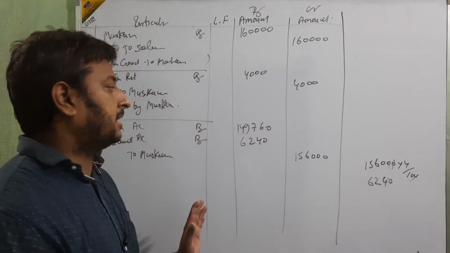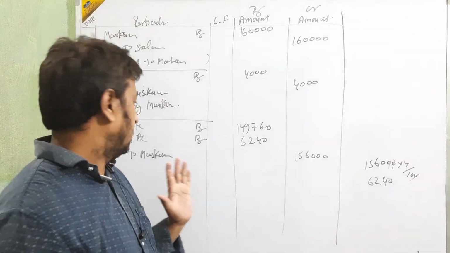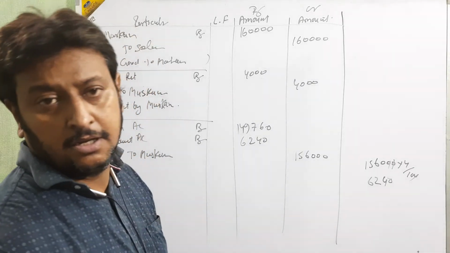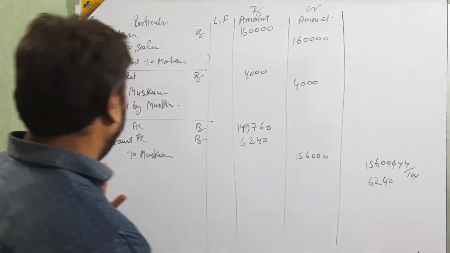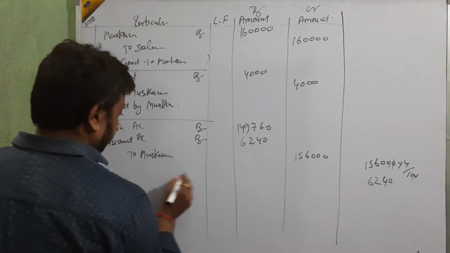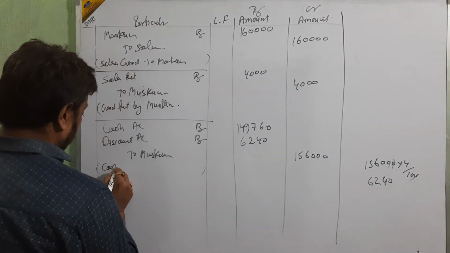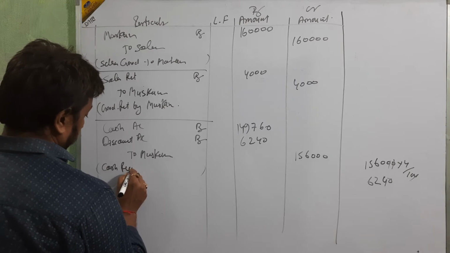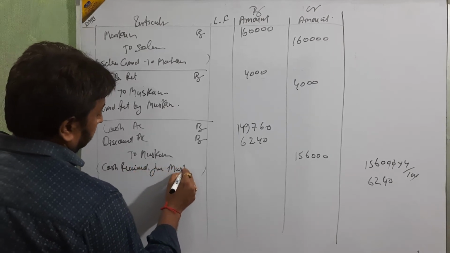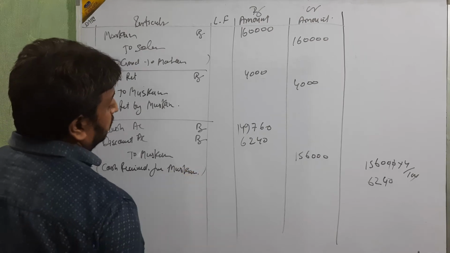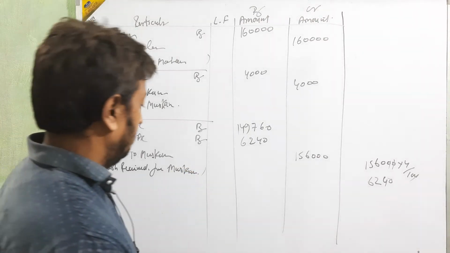All the amount is coming, beta. Clear? How to do the entry, or not? Clear? Cash received from Muskan. Okay?